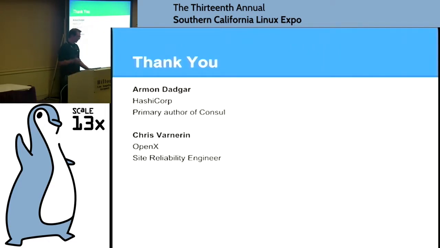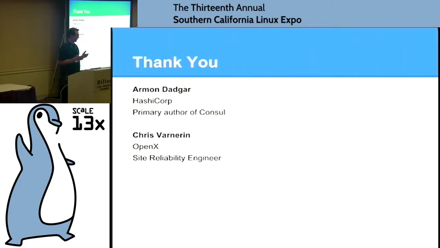Before I start, quick thank you. I borrowed some elements of these slides from Armand Dodger. I actually don't know how to pronounce his name because it's all been over email, but he is the primary author of the Consul application. He works for HashiCorp, the company behind the open source application, and also Chris Varneren, a site reliability engineer I work with closely at OpenX.